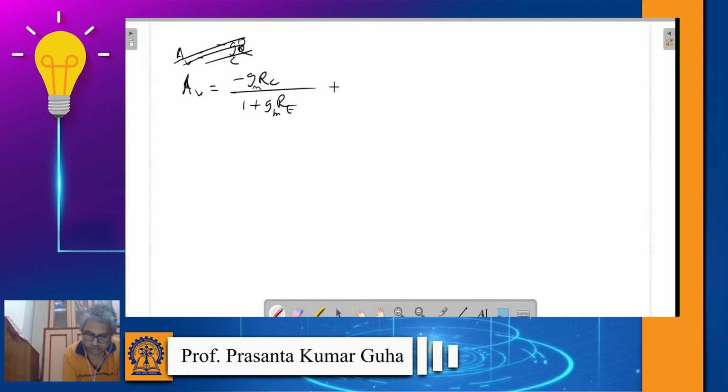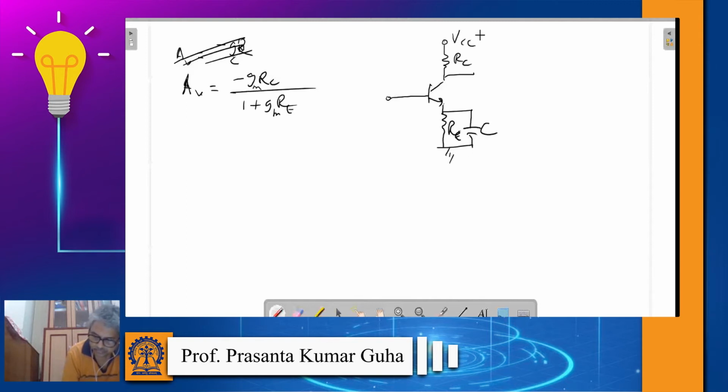Okay, so you will see in the book also, we can bypass this resistor, a part or full of this resistor depending on your requirement.